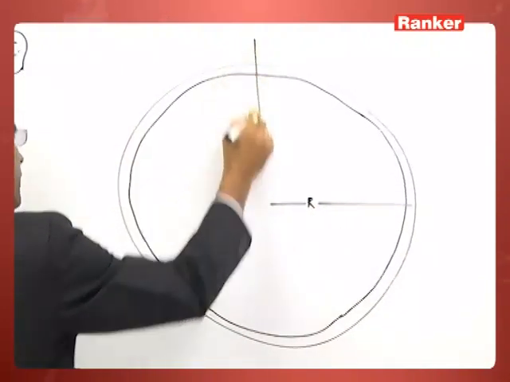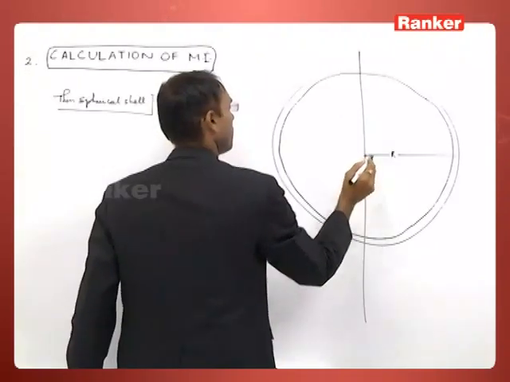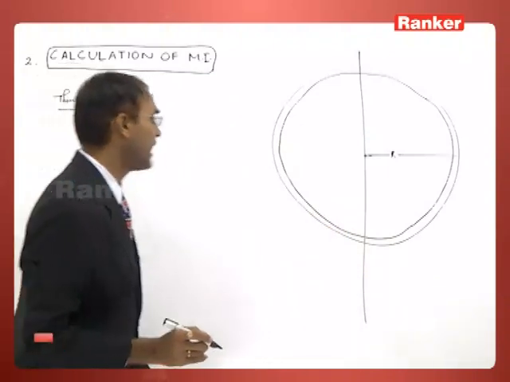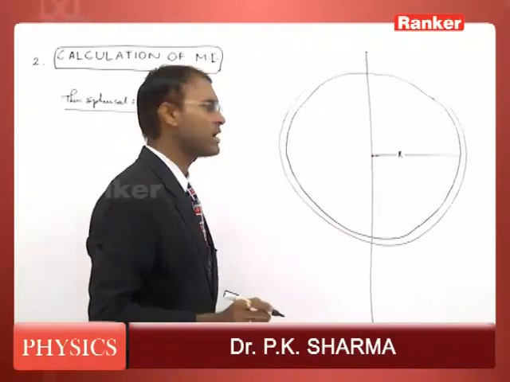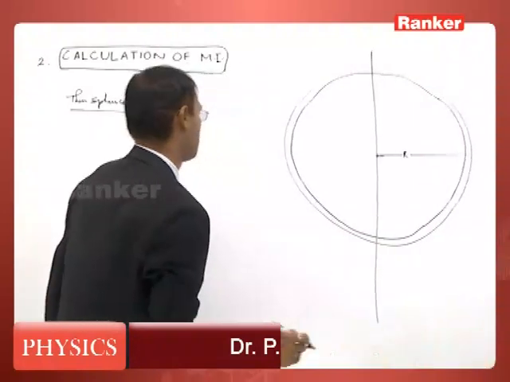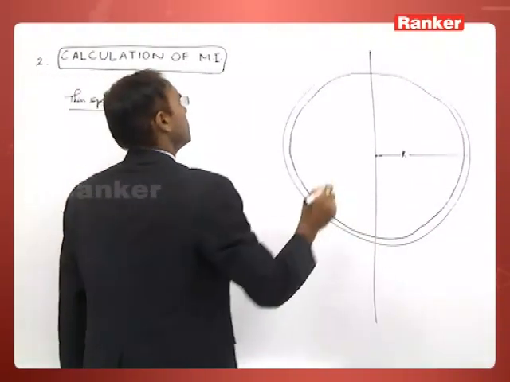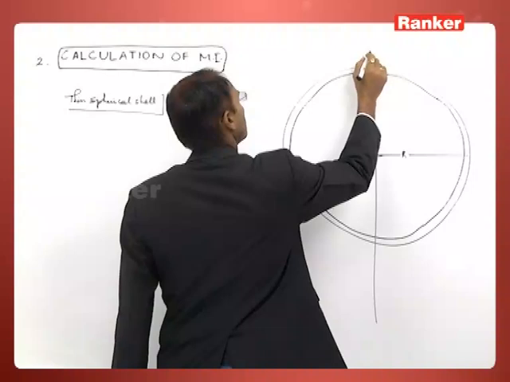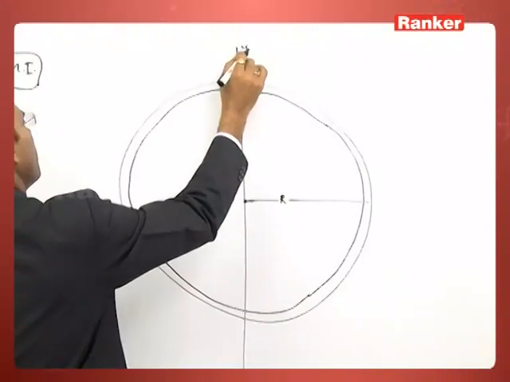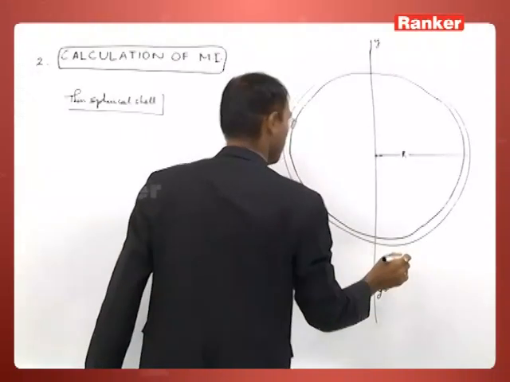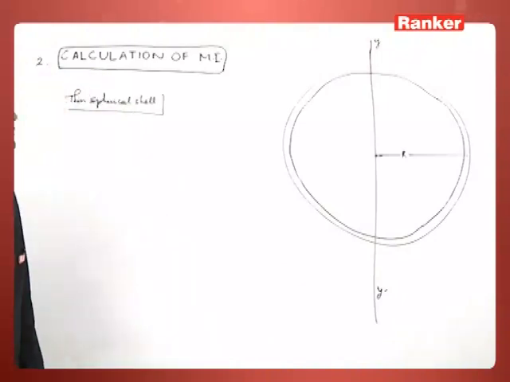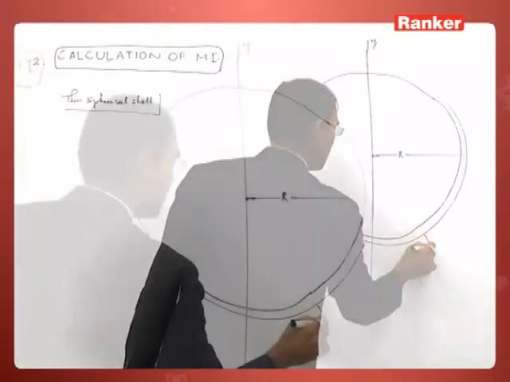We have to calculate its moment of inertia about an axis passing through its center of mass, or about any diameter. Let it be the y axis. This is the thin spherical shell.